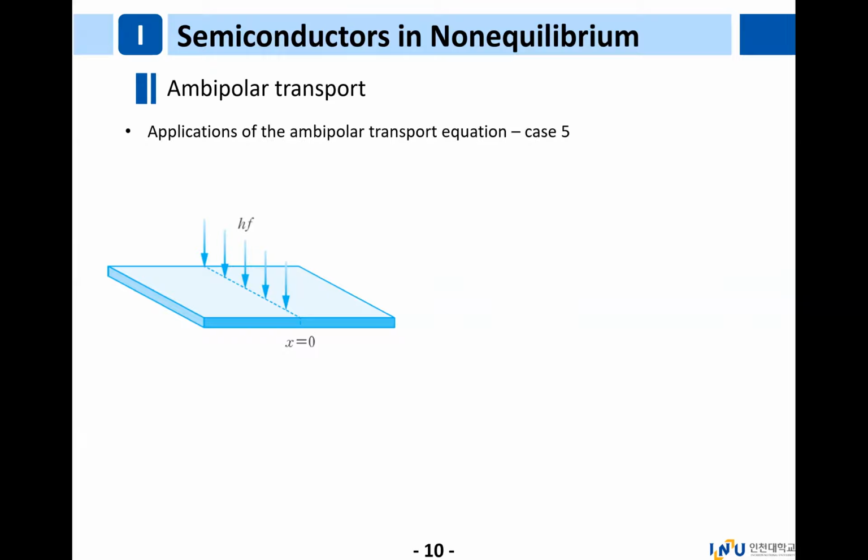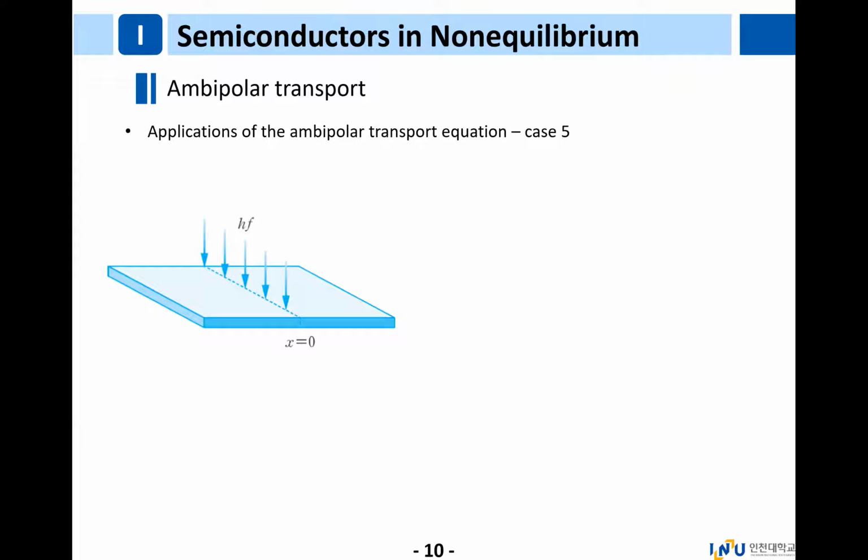So in a scenario where an electric field is applied, light is instantly directed to a specific point, generating excess carriers, and then the light is removed. The generated excess carriers will undergo diffusion and recombination due to the applied electric field. Let's observe the change in carrier concentration in this situation.